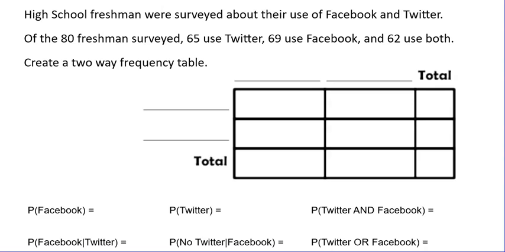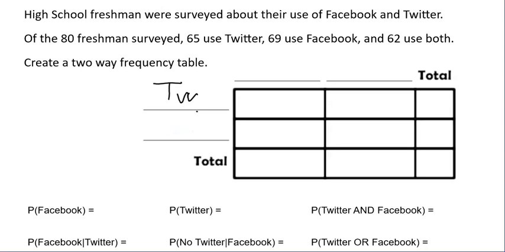Okay, high school freshmen were surveyed about their use of Facebook and Twitter. Of the 80 freshmen surveyed, 65 used Twitter, 69 used Facebook, and 62 used both. Create a two-way table. Okay, so we have Twitter and we have Facebook. And this will be on the top also. Sorry, I wasn't thinking.